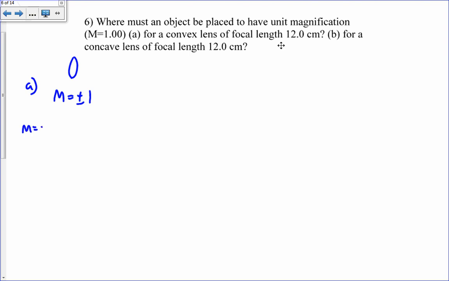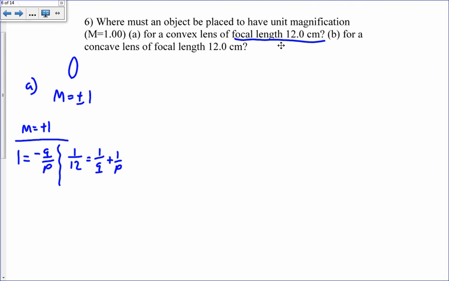Let's consider first M equal plus 1. If M equals plus 1, that means that the magnification is negative Q over P, so 1 is equal to negative Q over P. And then I can also say 1 over 12, that's the focal length, is equal to 1 over Q plus 1 over P. So I'm looking for P. I'm going to solve the equation on the left for Q. So Q is equal to negative P. And then I'm going to substitute this in for Q. 1 over 12 equals 1 over negative P plus 1 over P. That is not a true statement, so this doesn't occur.